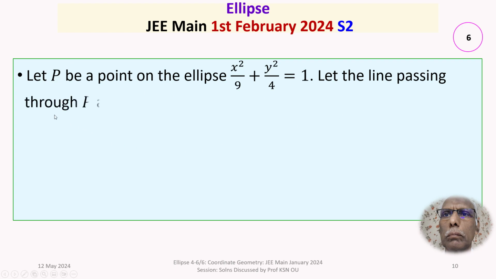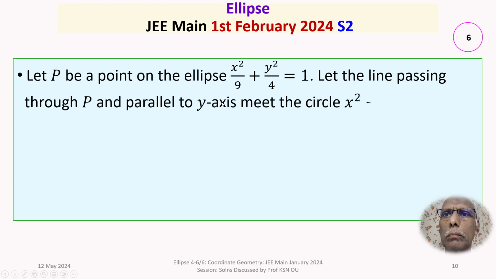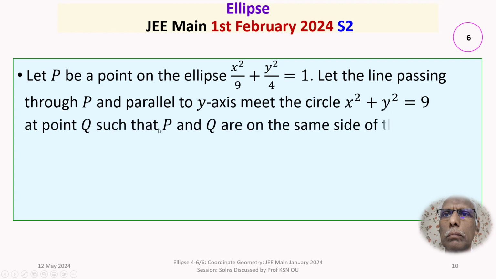Let the line passing through P parallel to y axis meet the circle x square plus y square is equal to 9. So you are given a circle x square plus y square is equal to 9, and you are given that the line passing through P parallel to y axis meets this circle at a point Q such that P and Q are on the same side of the x axis.